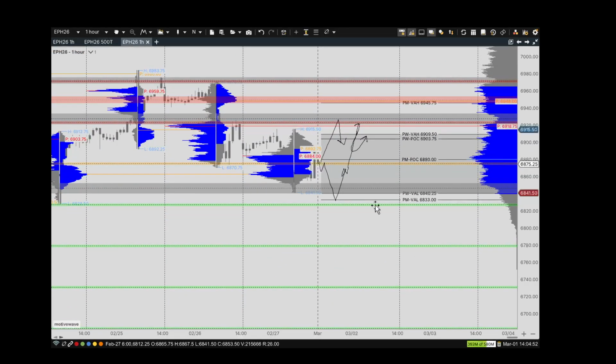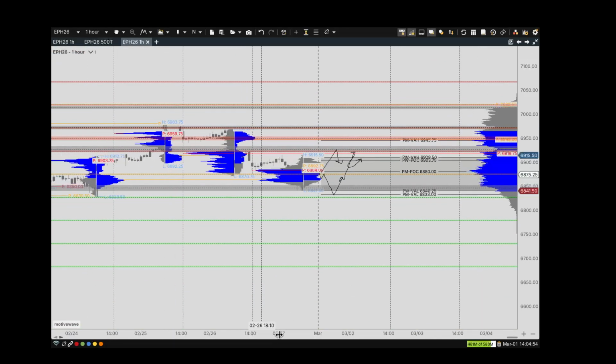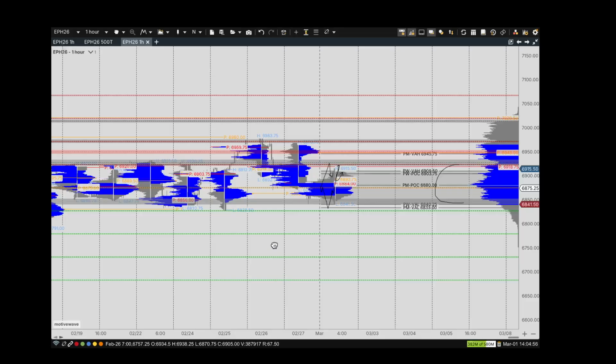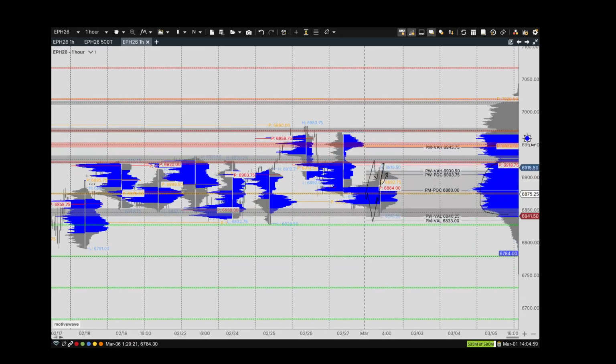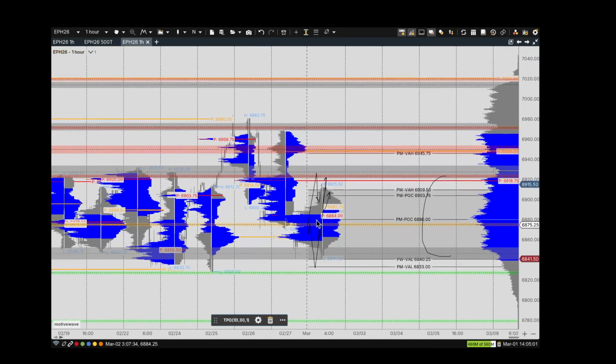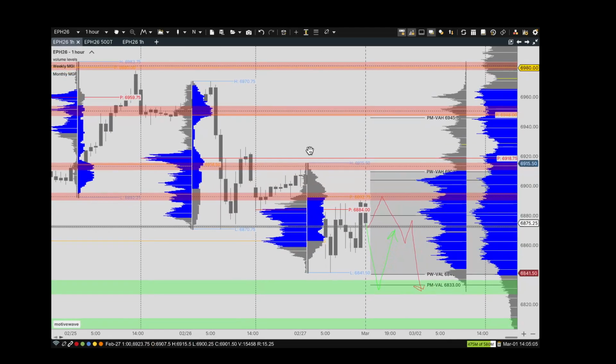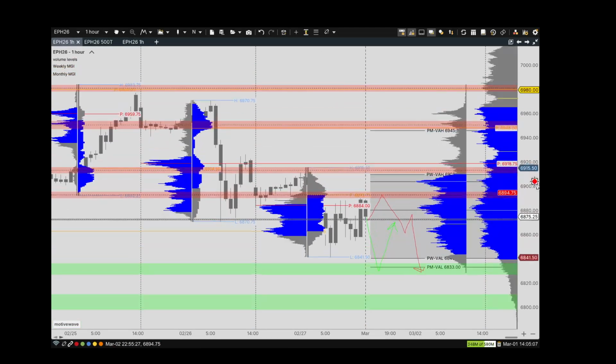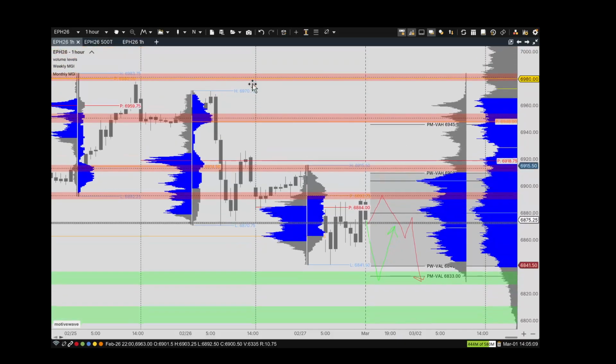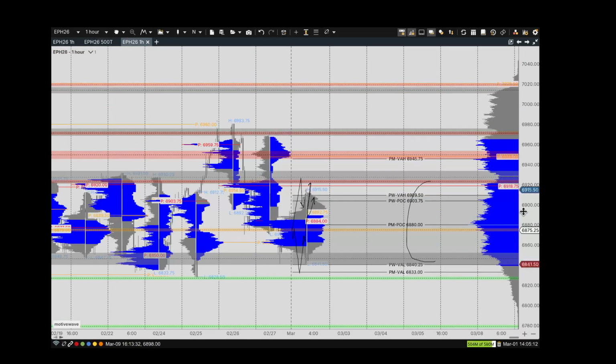Not really a whole lot of them, because they come from untapped POCs mainly. On my other chart, I have mostly just supply and demand zones. But here I have LVNs and shelves.